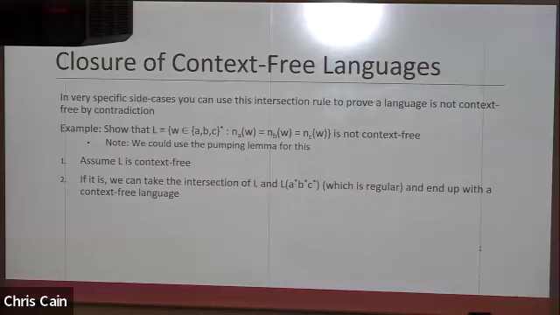Isn't that the intersection? So that was what we started with. So we're saying that everything that's in there is in there, which is true. But what is the set that's in both? ABC is in there. What else? The empty string would be in there. There are strings that are in both of these.